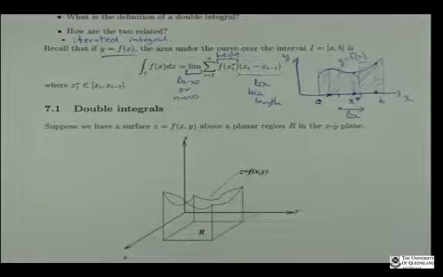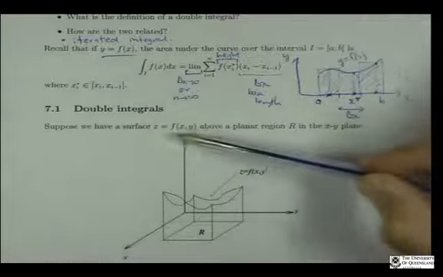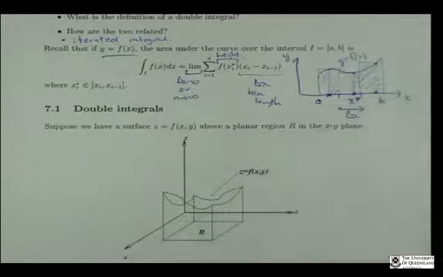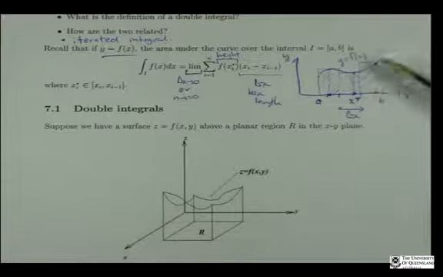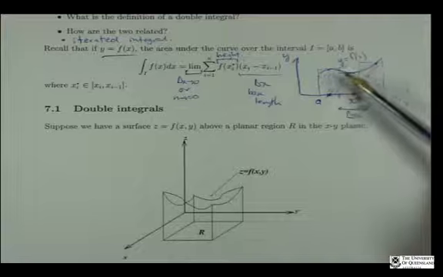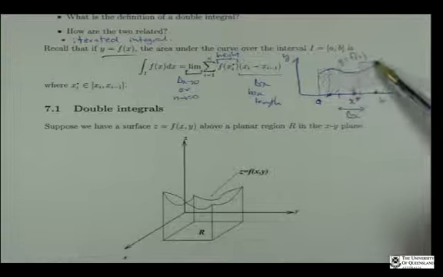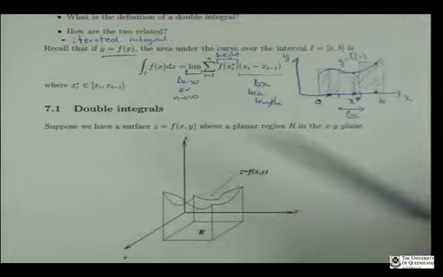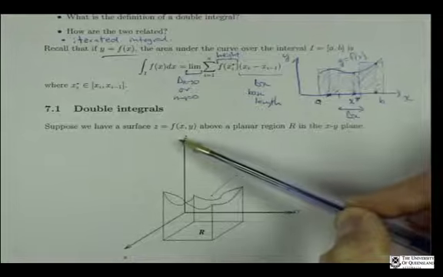Now throughout all of this derivation, all of this discussion in defining the double integral, keep in mind what I've said about the definite integral of a function of a single variable. Here we've got a curve defined by y equals f of x. Now we've got a surface defined by z equals f of x and y.